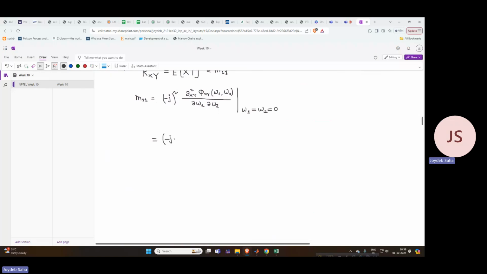This is minus j square. We can simply write del square also.